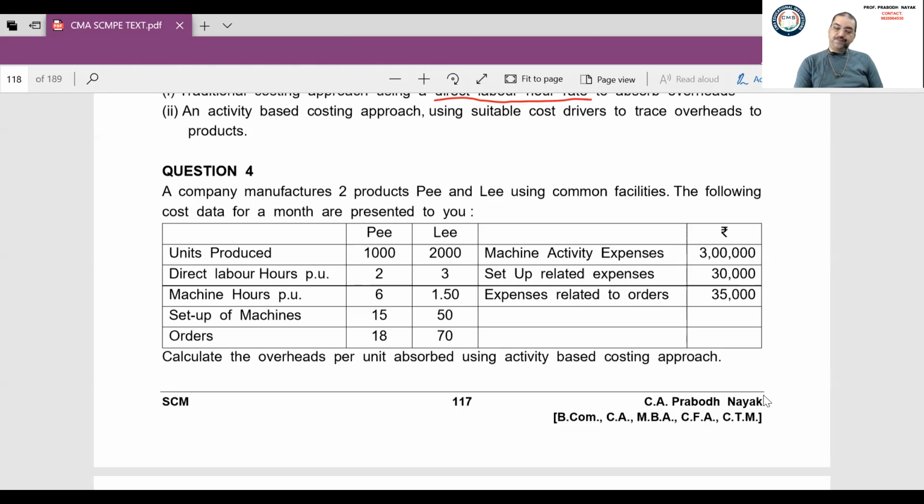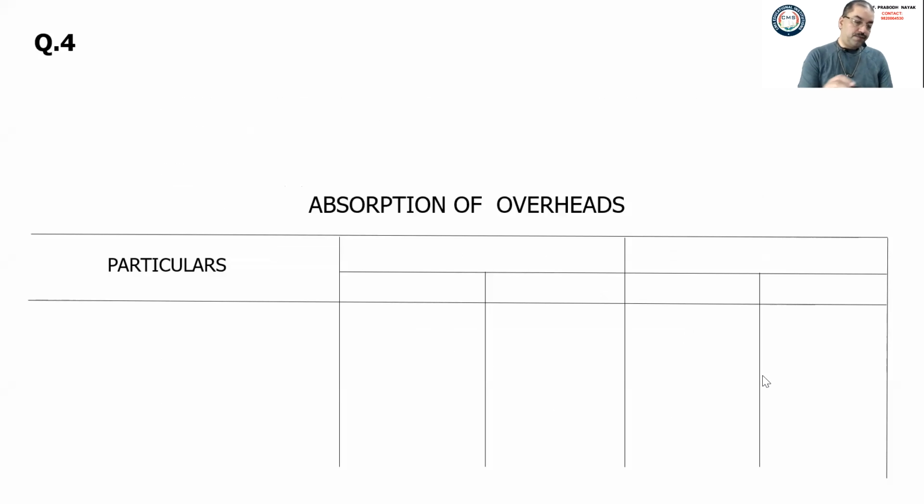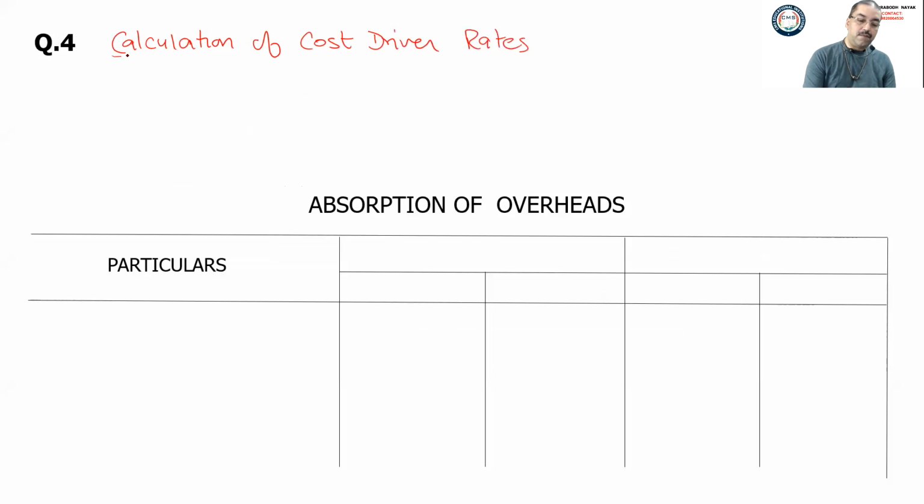So let us do it. First, to calculate what? Cost drivers. Method is same. I always start with cost drivers. Calculation of cost driver rates. First one, machine related.